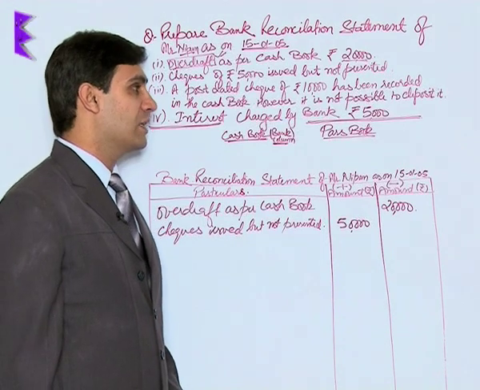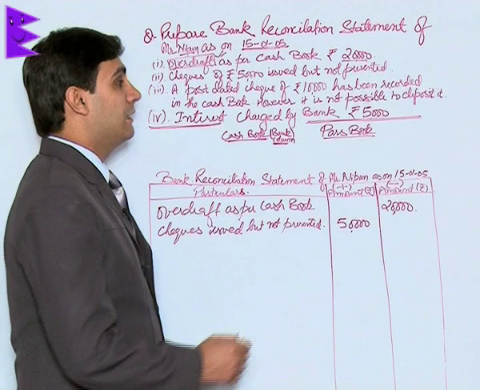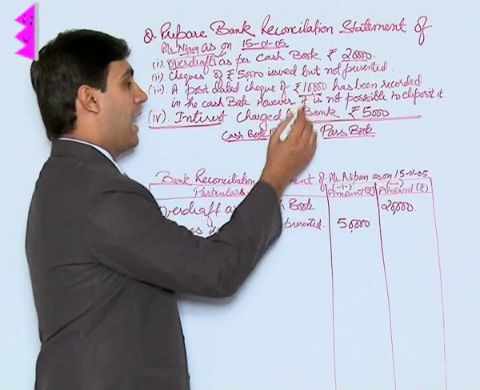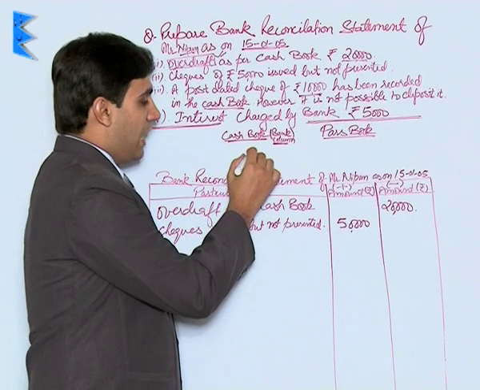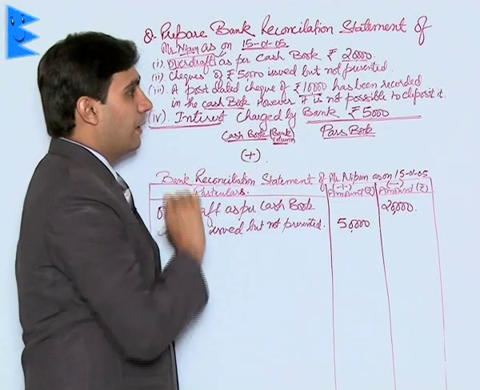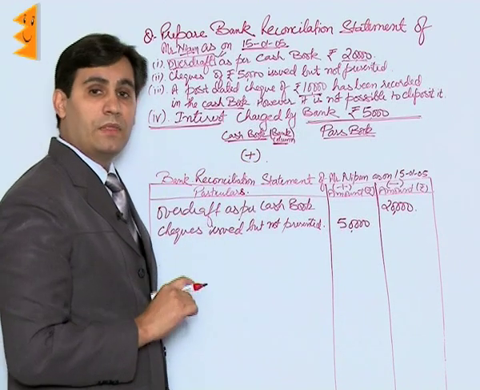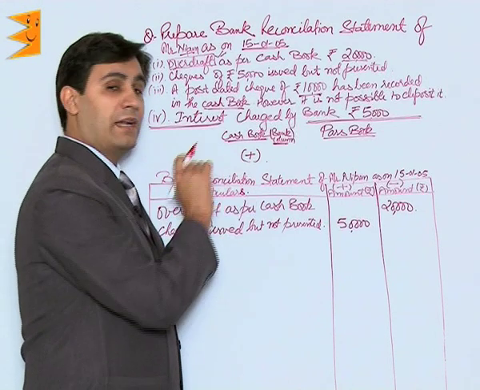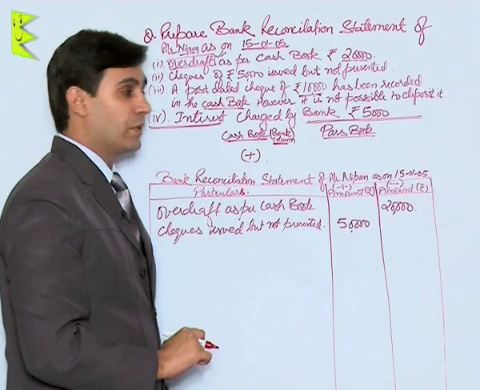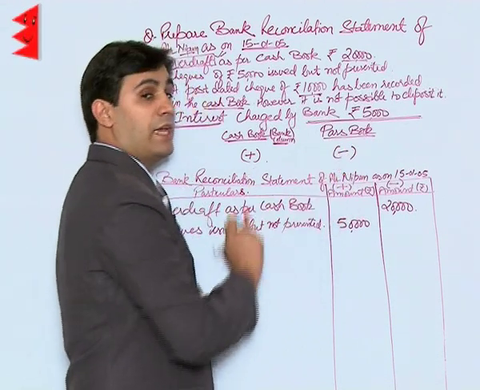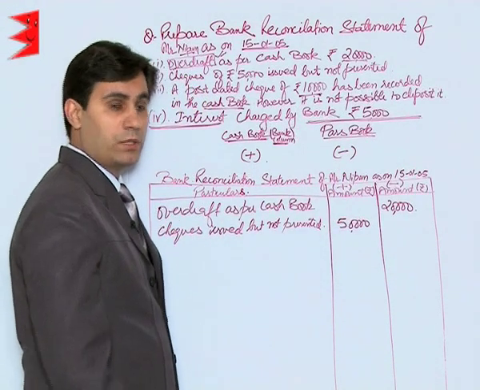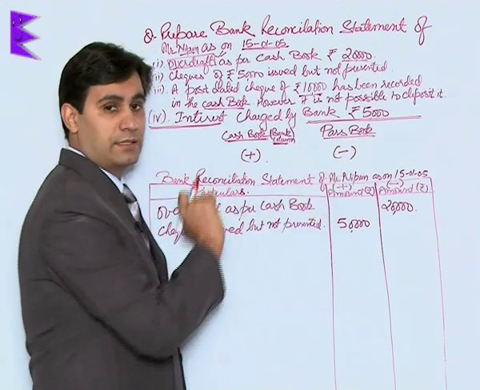But in this case, that particular check of 10,000 has been recorded in the cash book. That means you have increased your cash book balance. That is, you have assumed that the amount has been received, but there can be no entry in the passbook. Hence, as compared to the cash book, the passbook shows a lower balance.